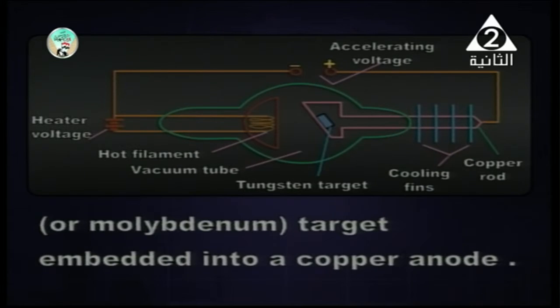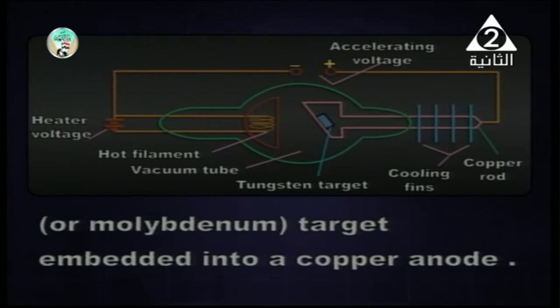So we've got a cathode, and function of the cathode is to produce electrons, and we've got copper anode, and between these two electrodes very high accelerating voltage is applied. So we expect the electrons emitted from the cathode to have very high kinetic energy.